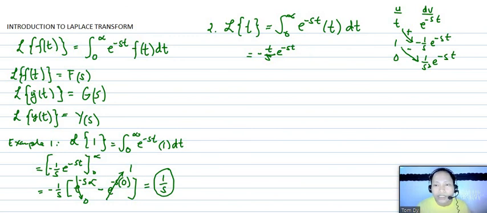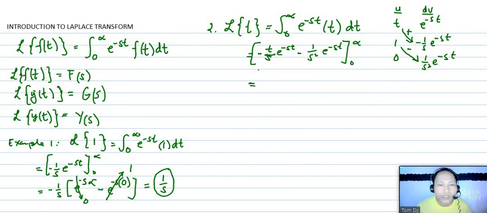and then this is negative instead of plus, minus, we will be using minus 1 over s squared, and then e raised to negative st. Okay, this time we will make use of our limits from 0 to infinity.